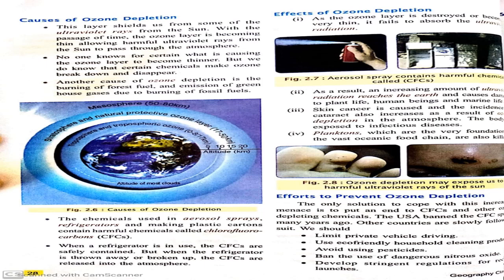Avoid using pesticides. Then ban the use of dangerous nitrous oxide, and develop stringent regulations for rocket launches. We need to develop regulations for rocket launchings which are not harmful to the Earth's atmosphere.